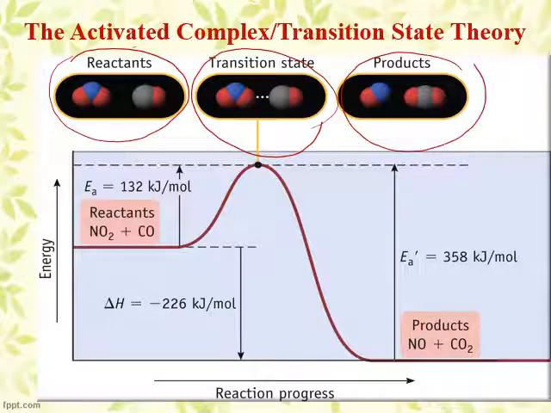Breaking off one of the oxygen from nitrogen dioxide here, and then that will form later on the bond between carbon monoxide to form carbon dioxide. So this is the transition state. This species here is called the activated complex.